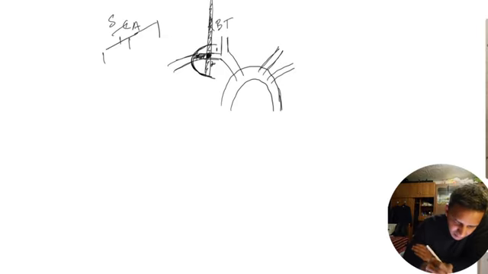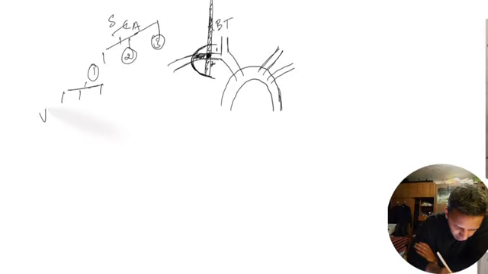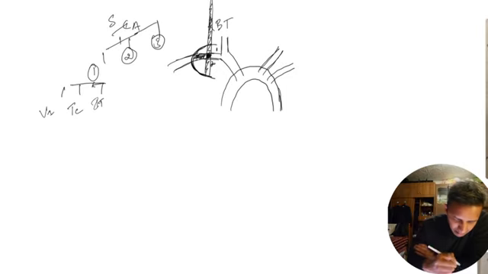Now the three parts have different branches. The first part has three branches. Those are your vertebral artery, your thyrocervical trunk, and your internal thoracic artery, or rather VIT.